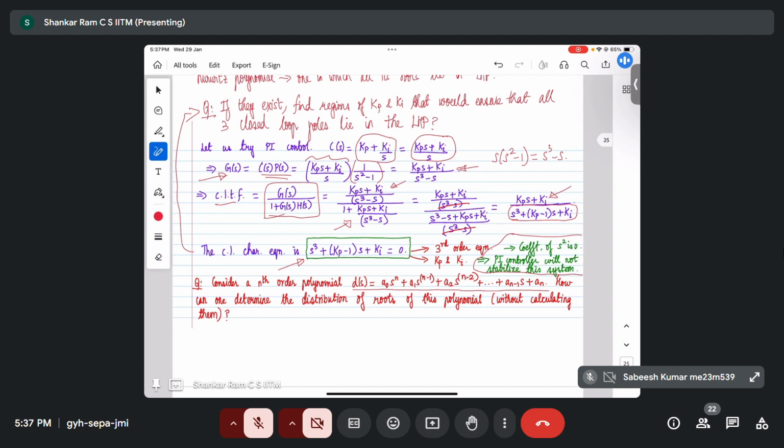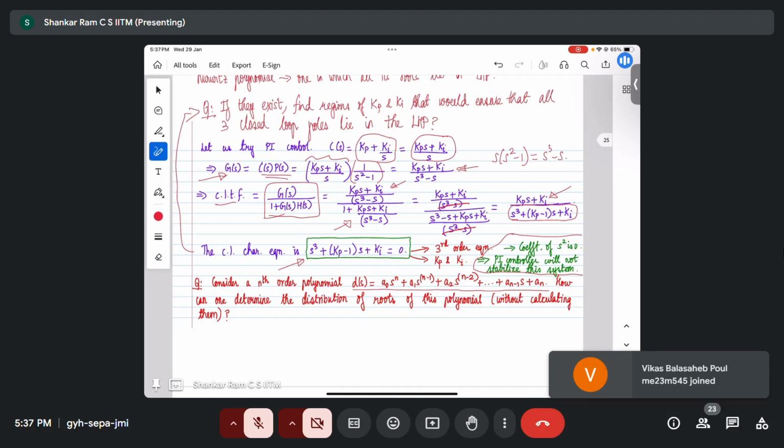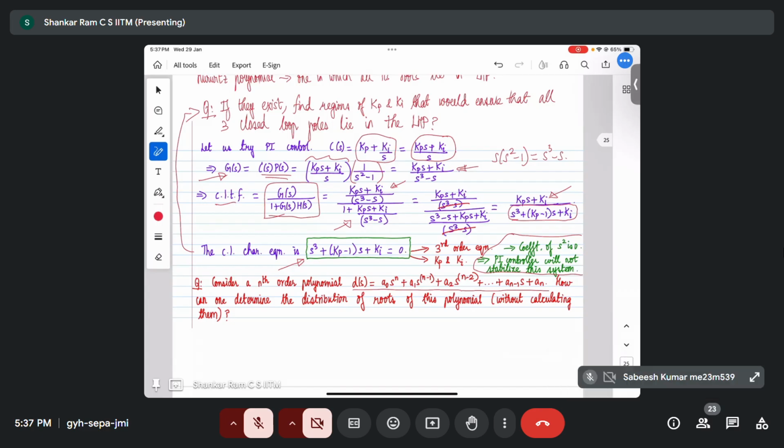So in today's class, what we have done is the exercise problem where we have converted the performance specification into a subregion of closed loop poles in the left of complex plane, so that we achieve both closed loop stability and closed loop performance, right?